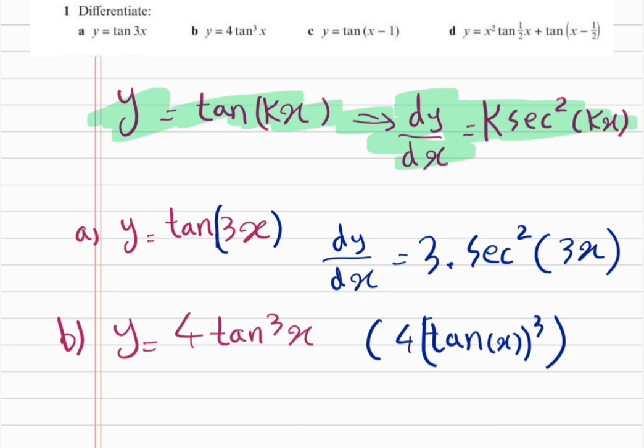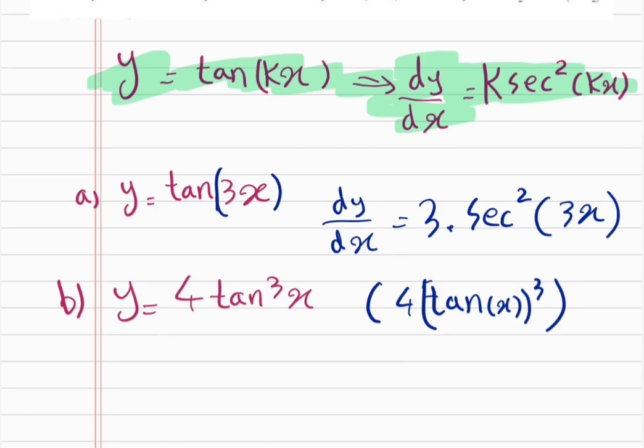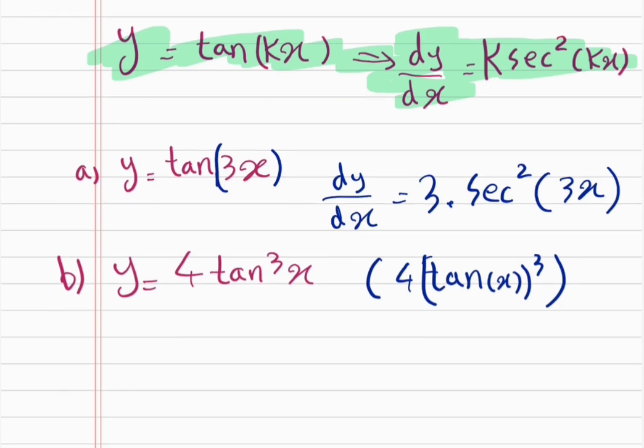So the reason I wrote in this form is just to remind you that you need to use the chain rule as well as using this standard result that we highlighted here. So again, this goes back to what I said earlier on previous videos, that in many differentiation questions we actually use more than one differentiation technique. As you can see here, we need to use 2 different techniques. One is more like remembering, and the other one is actual technique, which is chain rule.